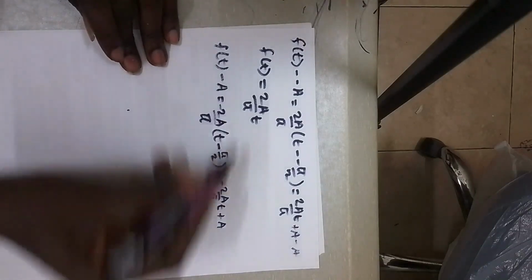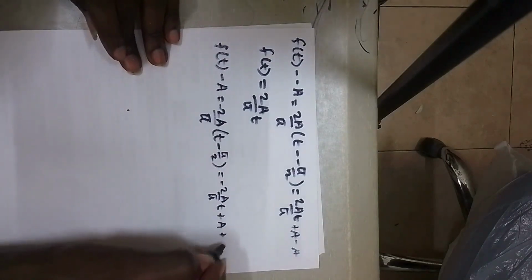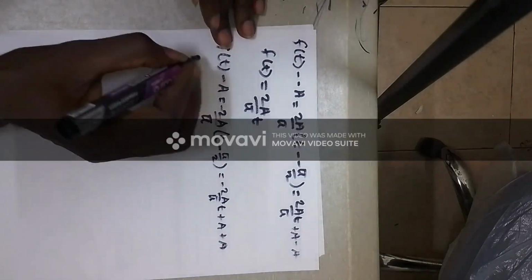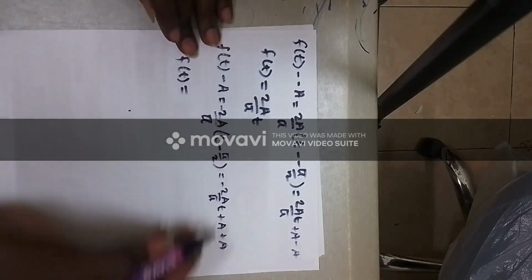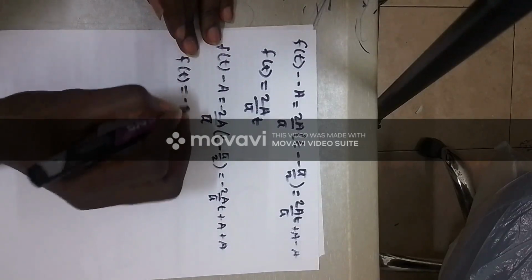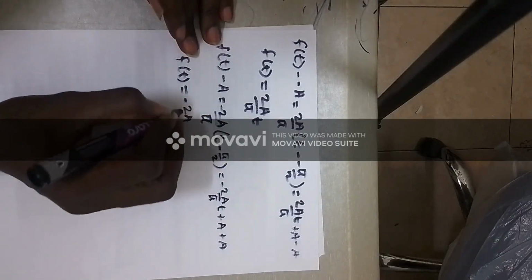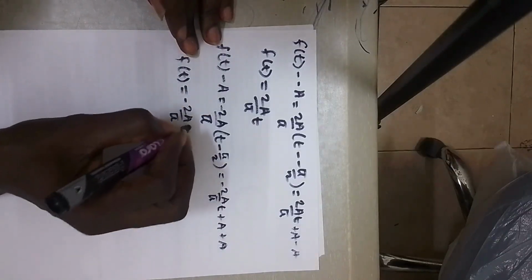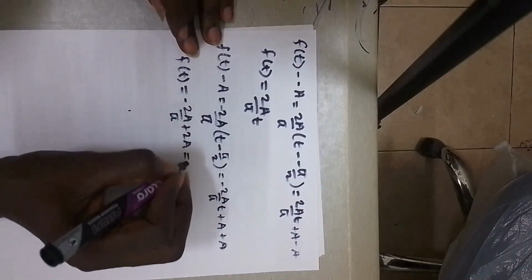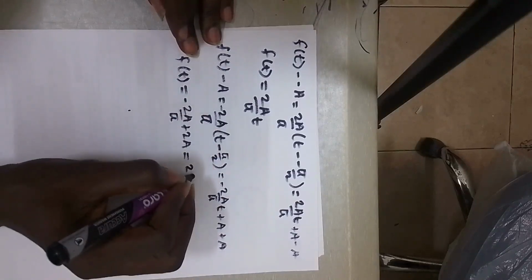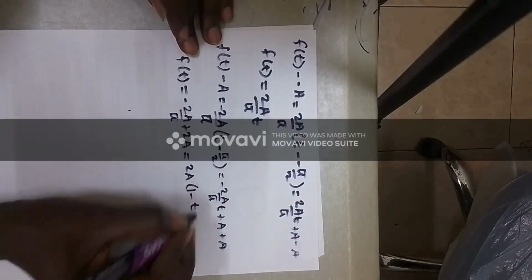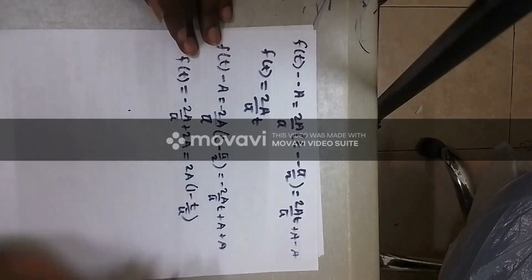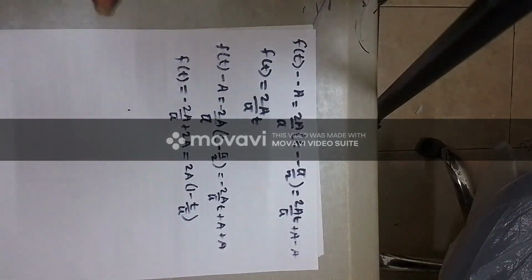This a is negative, it will come here to become a positive, so plus another a. So now my f of t in this case is going to be minus 2a over pi t plus 2a, which is equal to 2a times 1 minus t on pi. Okay, so that is what I am going to get at this particular stage.